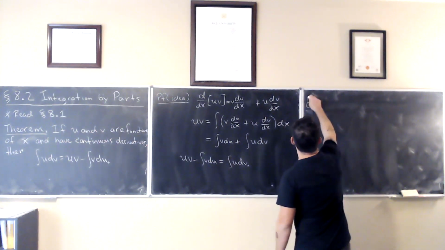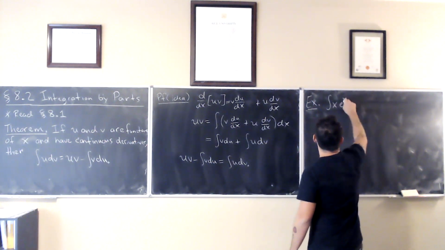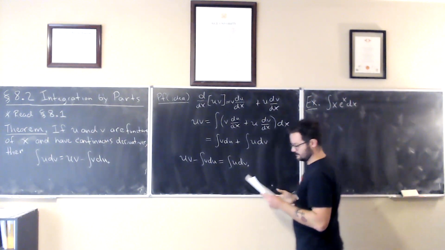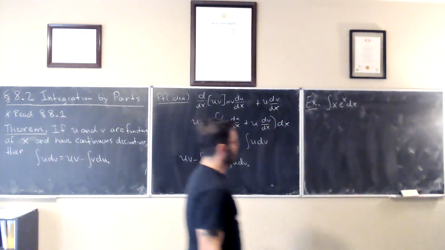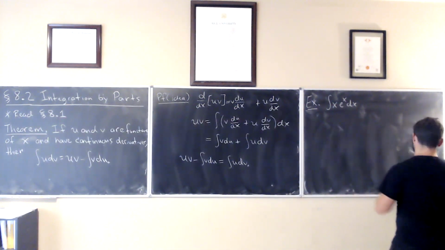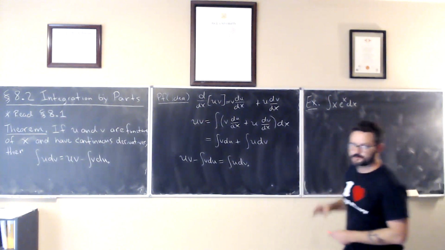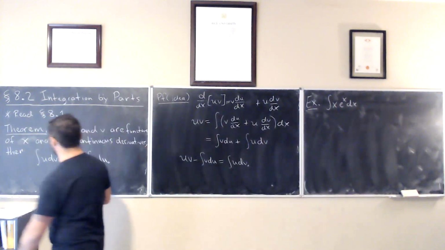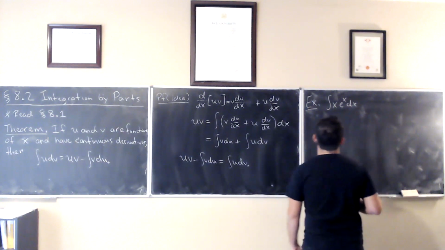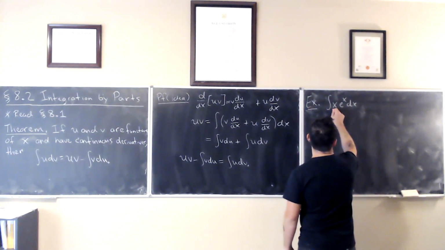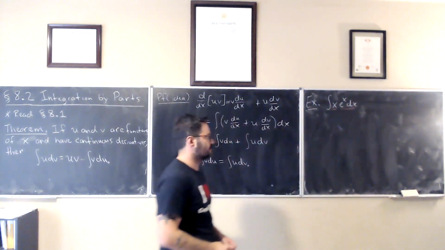So as a simple first example, let's look at the integral of x e^x dx. Now notice here we have a product of functions, and we would not normally have any integration rules for this problem, right? But I notice now that I have x and then e^x dx.